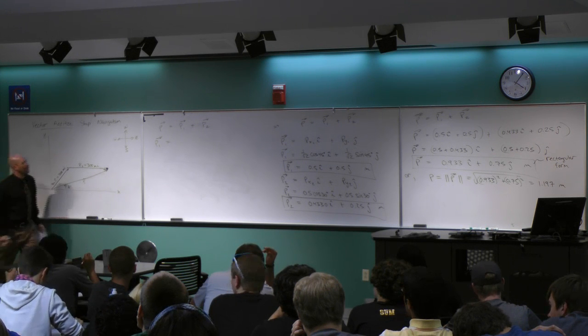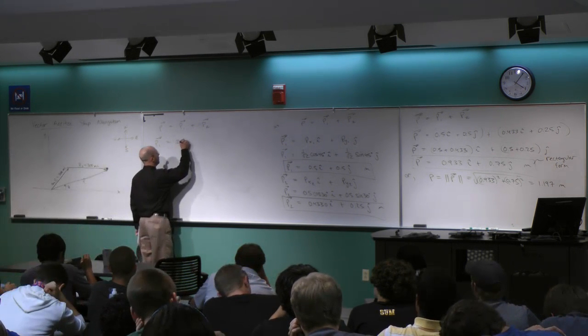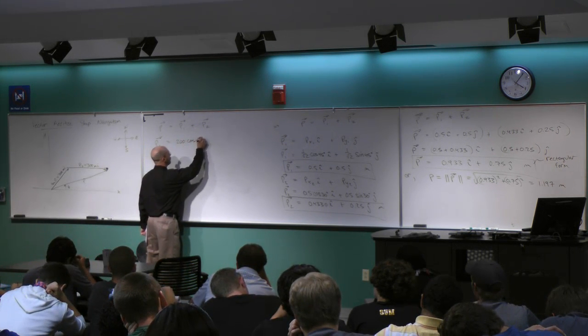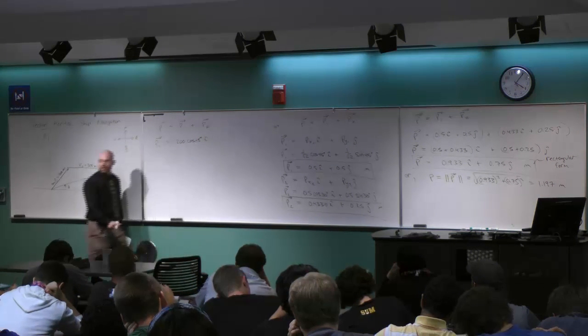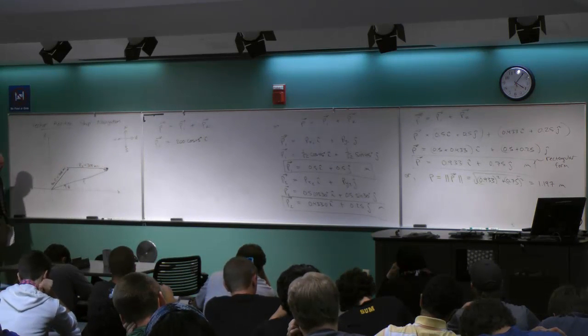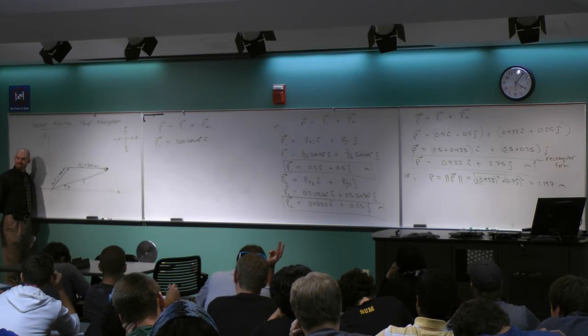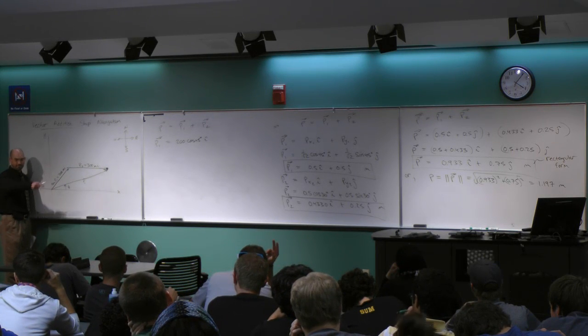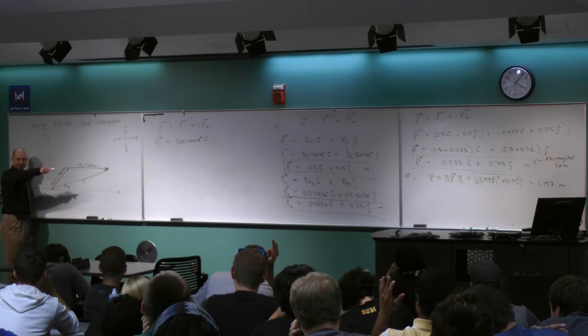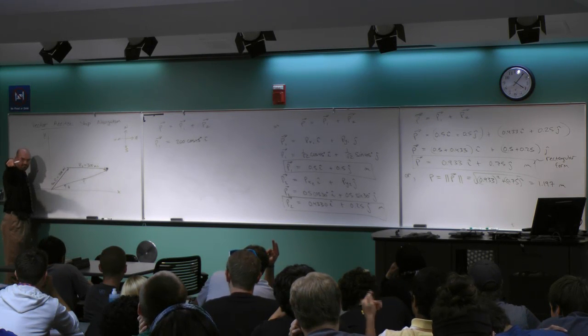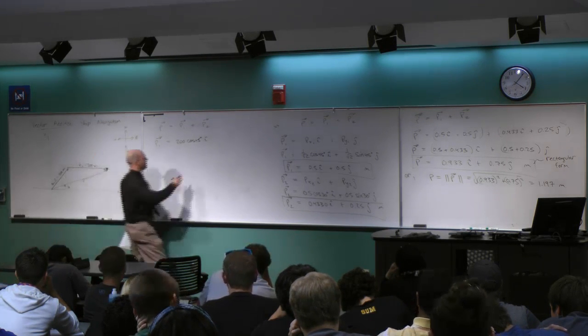200 cosine 45. All right, so 200 cosine 45 degrees i. Okay, great. Continue. So that's the x component, right? Somebody else want to finish it? 200 sine 45 degrees j.